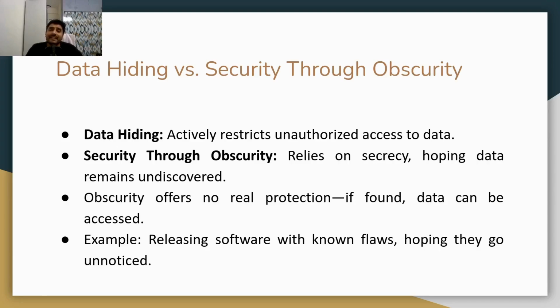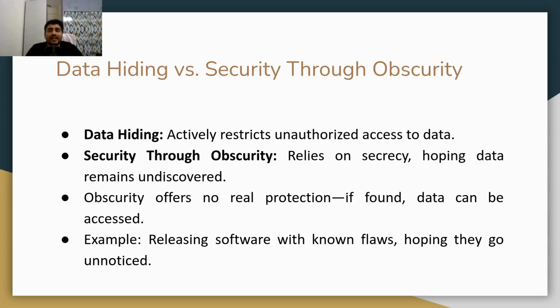It is a really bad practice which people always confuse with data hiding. In data hiding there are some controls which are taken, but security through obscurity is the belief that if something is not explicitly intimated to some subject, they will never be able to discover it. So obscurity offers no real protection.